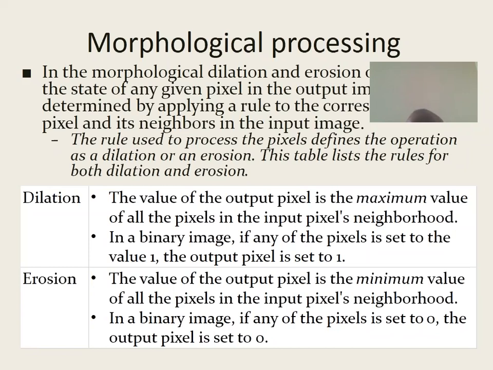Morphological processing works with better performance when we use it on a binary image. Say that whether it is a color image or a grayscale image, we have to convert it into a monochrome or binary image. Say that the image has only 0 or 1. So using that 0 and 1, dilation is trying to check whether the expected 1 is converted into 0 or not.